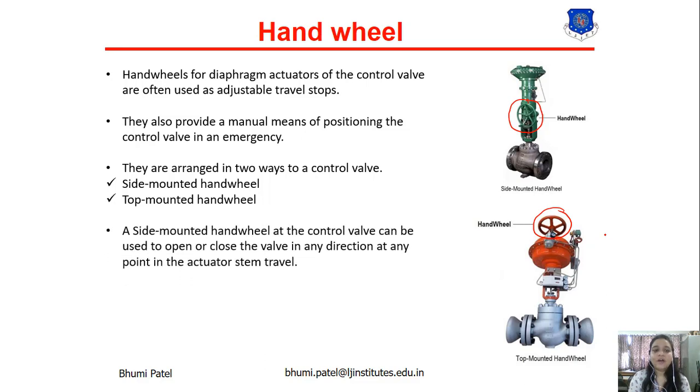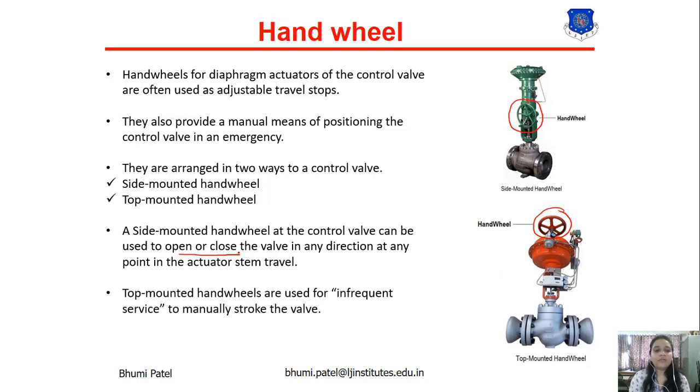A side mounted hand wheel on the control valve can be used to open or close the valve in any direction at any point in the actuator stem travel. So the main purpose of the side mounted hand wheel is to open or close the valve in any direction at any point.